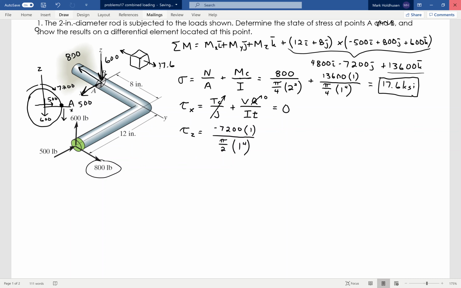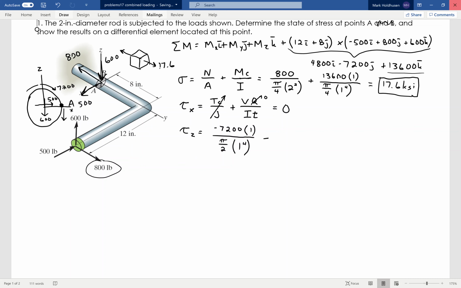Now I've also got 600, and this is occurring at the neutral axis. So I'm just looking at the semicircle above that to figure this out. It's also acting downward, so I'll say minus, because it's acting downward.